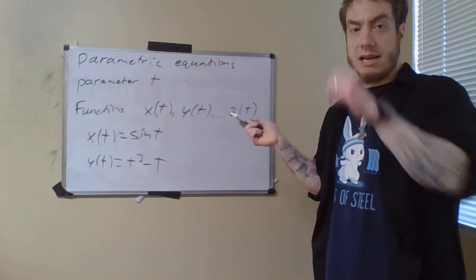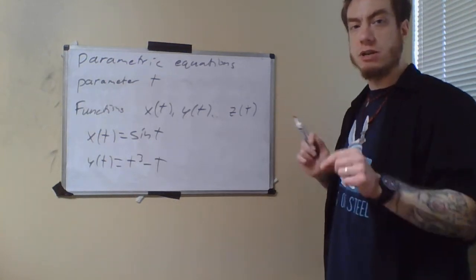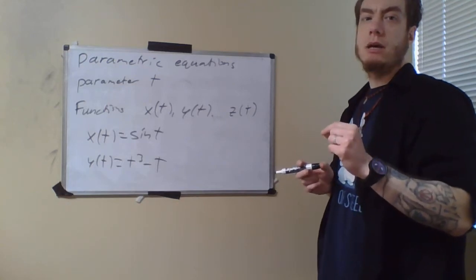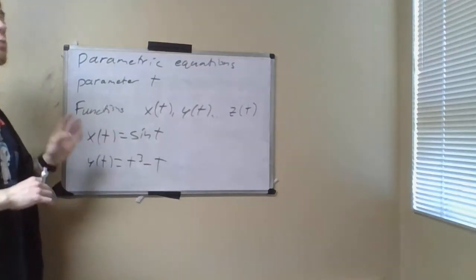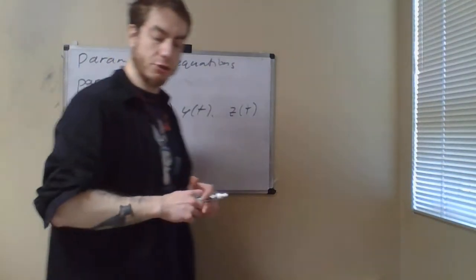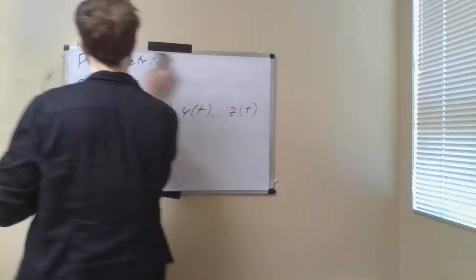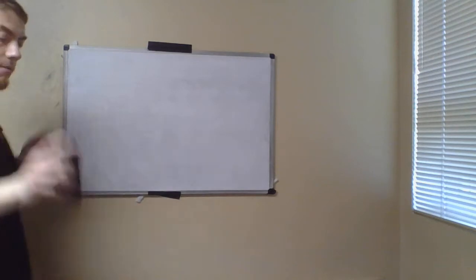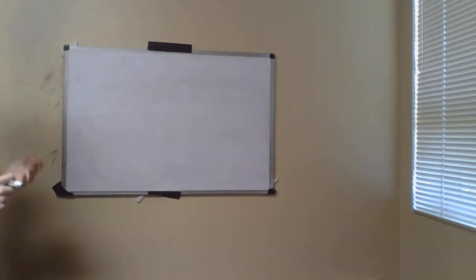Now, I want to think about sort of a physical situation that you can use to think about parametric equations, and I feel like this example is a good one for getting a sense of what parametric equations do. So, an example where parametric equations are going to really matter, where they are important, or where they're very natural, I guess is the word I'm looking for.